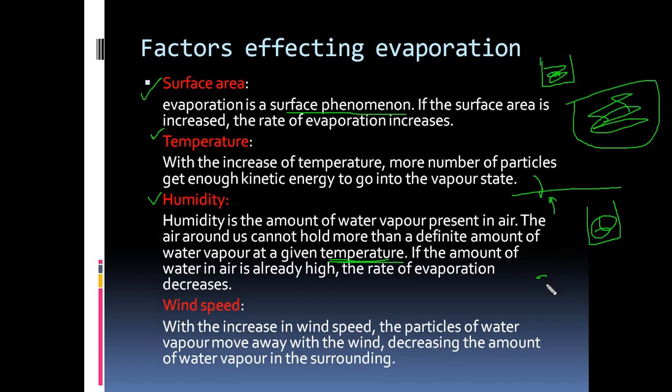Suppose at 20 degrees centigrade, air has a maximum holding capacity of water vapor. In a room, you cannot expect that there is 1 trillion liters of water vapor present. That is not possible. So if the amount of water in the air is already high, the rate of evaporation decreases.